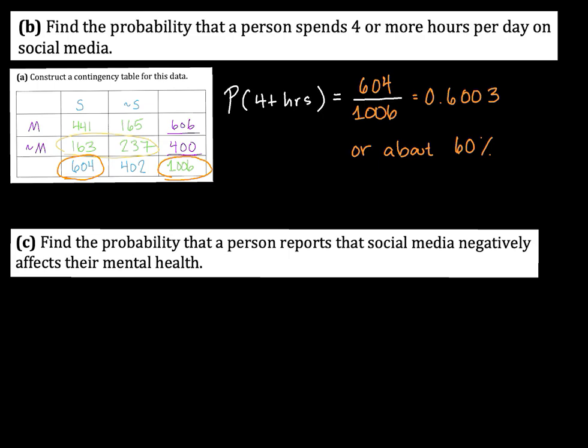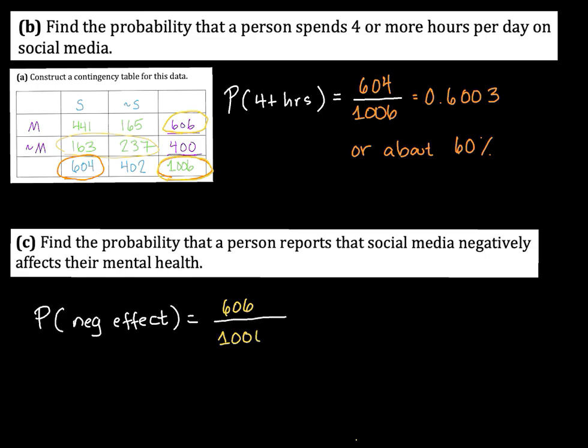So for that one, the probability of a negative effect on mental health is going to be equal to the 606 out of 1006.